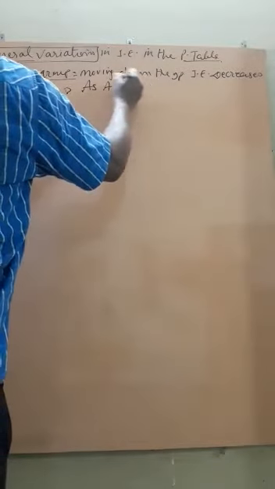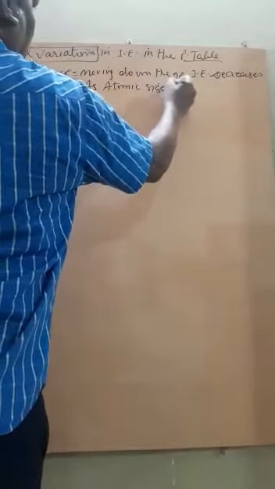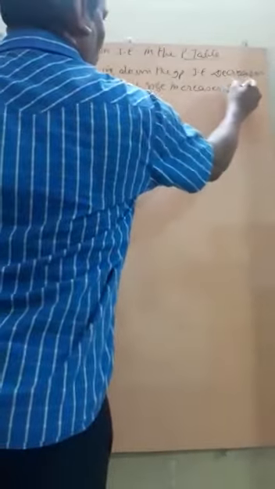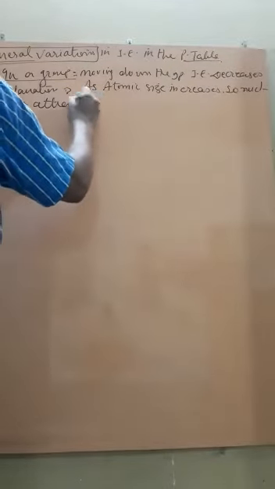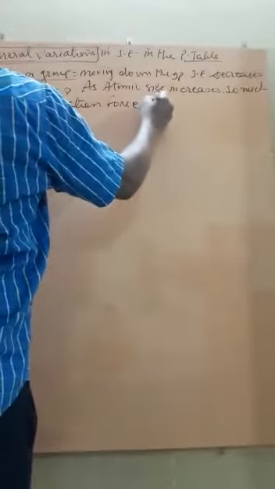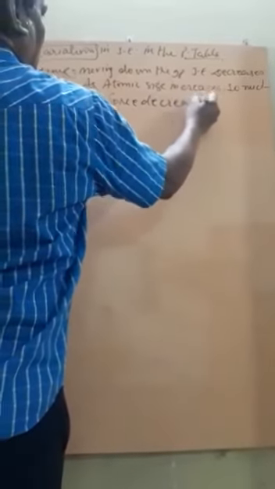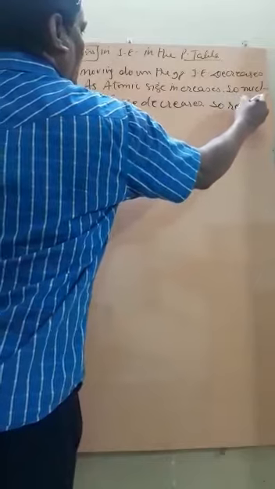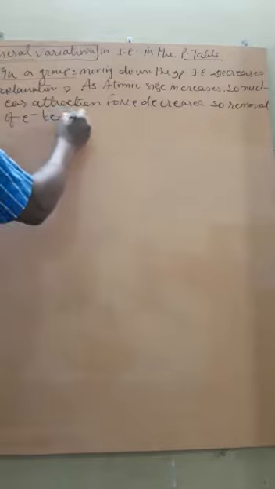As atomic size increases, so nuclear attraction force decreases. So removal of electron becomes easier. Isn't it? This is in a group.